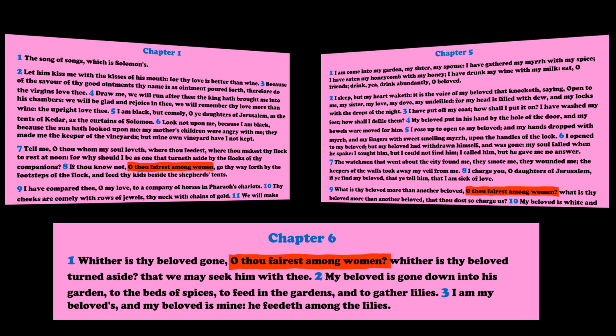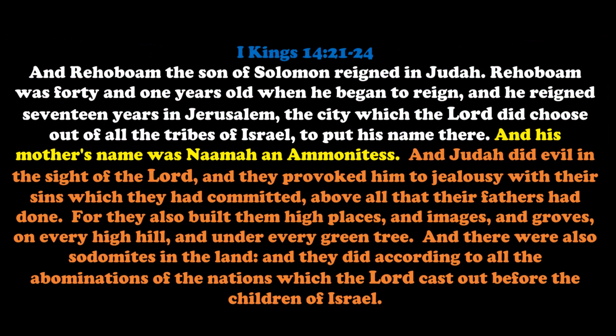And look what the Bible tells us about Rehoboam. 1 Kings 14:21 through 24 says, quote, "And Rehoboam the son of Solomon reigned in Judah. Rehoboam was 41 years old when he began to reign, and he reigned 17 years in Jerusalem, the city which the Lord did choose out of all the tribes of Israel to put his name there. And listen to this. His mother's name was Naamah, an Ammonitess."